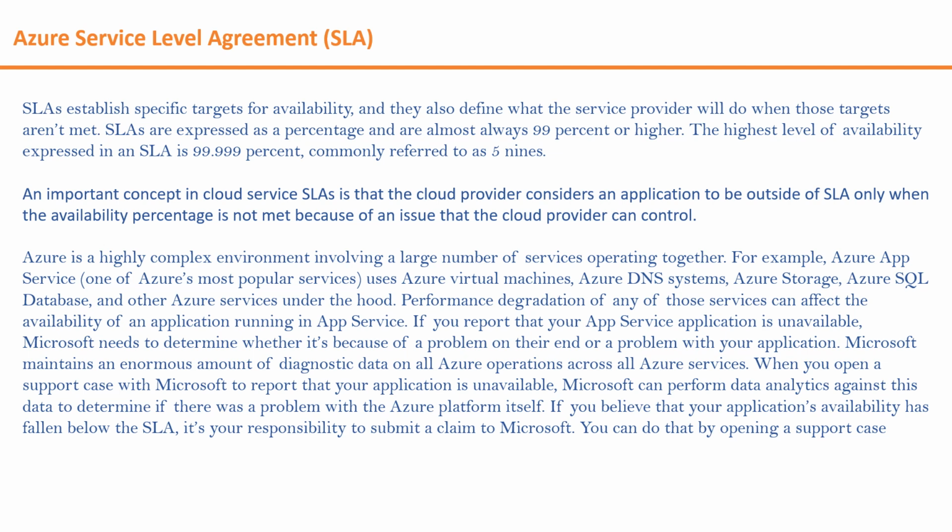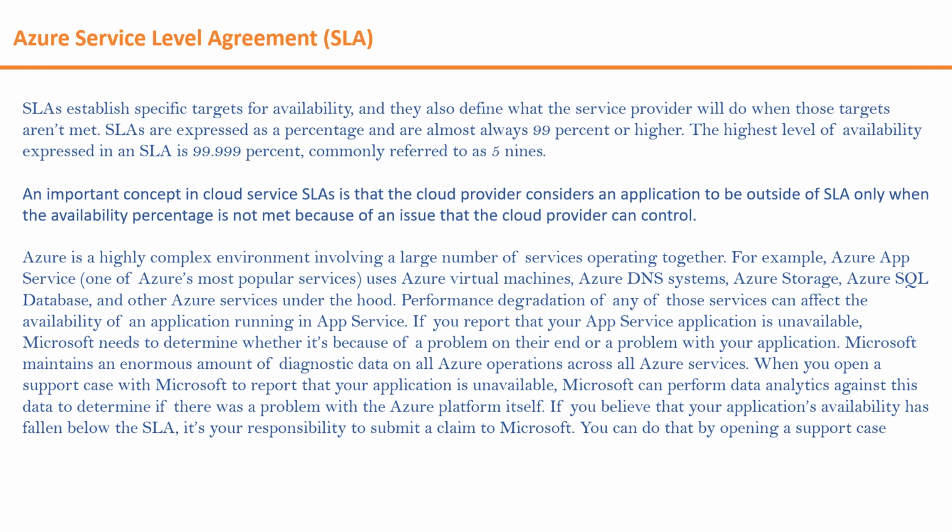If you report that your app service application is unavailable, Microsoft needs to determine whether it's because of a problem on their end or a problem with your application. Microsoft maintains an enormous amount of diagnostic data on all Azure operations across all Azure services. When you open a support case with Microsoft to report that your application is unavailable, Microsoft can perform data analytics against the data to determine if there was a problem with the Azure platform itself.